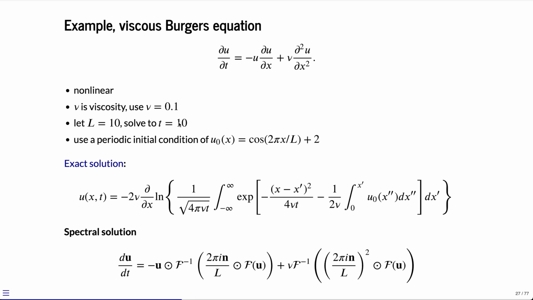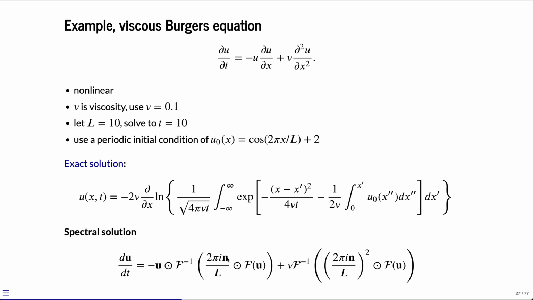So let's let the domain be 10, and we'll solve it for a time of 10. We're going to use a periodic initial condition. It's basically just like a cosine wave. And then our exact solution, found on Wikipedia, I think, is given as shown. And I evaluated this using SymPy to calculate the exact solution.